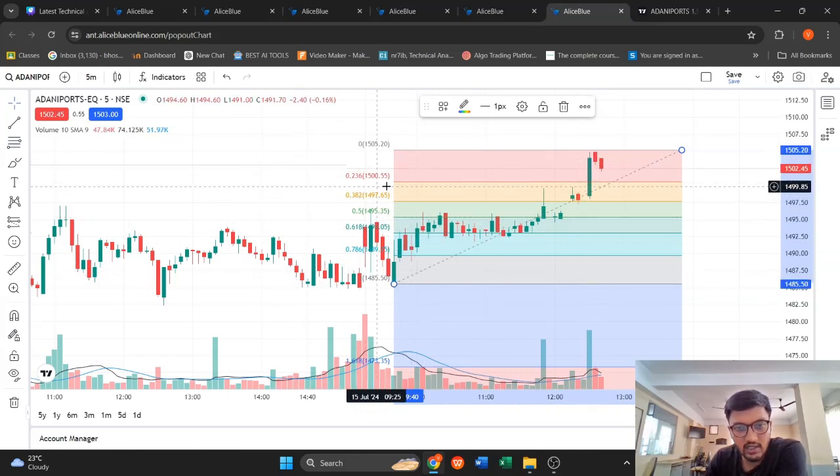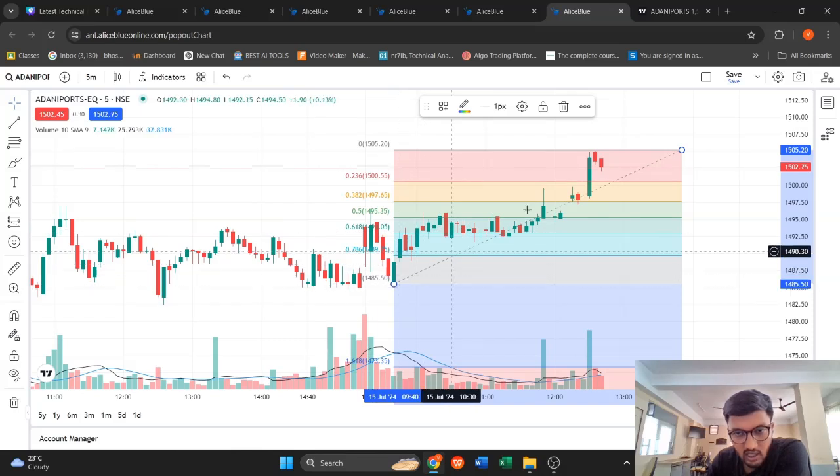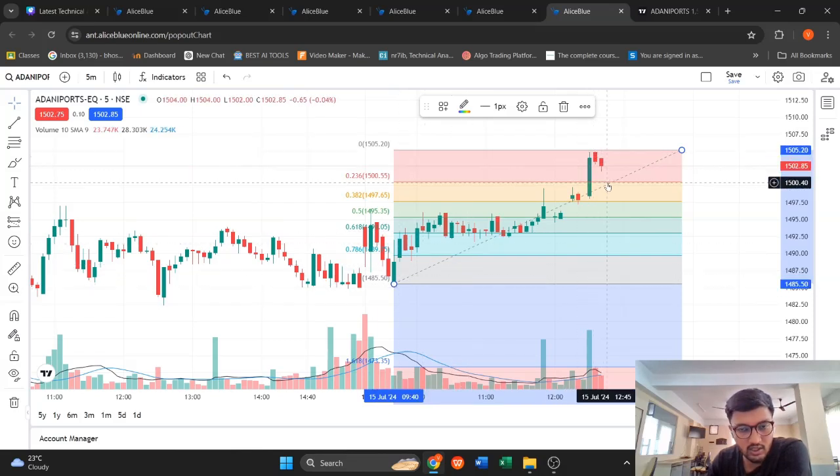You can see at this particular level, the 23 percent level, it can take a support. In an up move, an upward trend, it takes support at 23. It takes support at 61 percent, and one more percentage we saw.